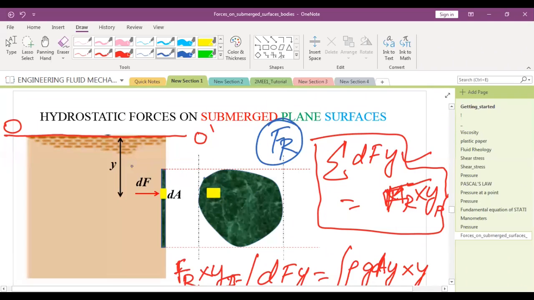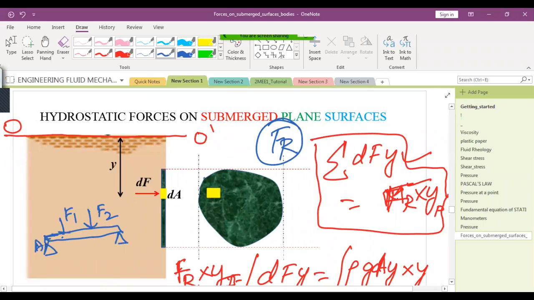अब जैसे example मैं बोलूं, मान लो ये एक body यहाँ पे पड़ी होती, तो इस पे बहुत सारी forces लग रही हैं, F1, F2. तो अगर मुझे इस point के about moment लेना है, तो क्या होगा?